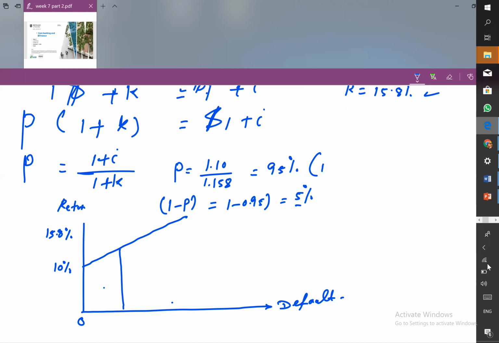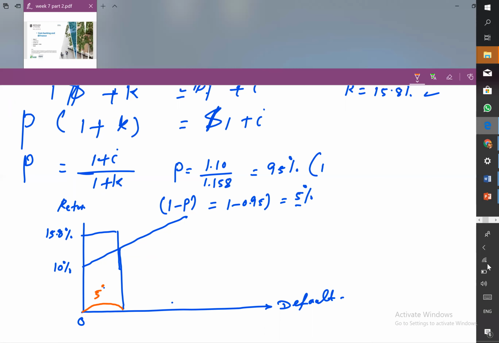And this area, if you look at it, is 5%.